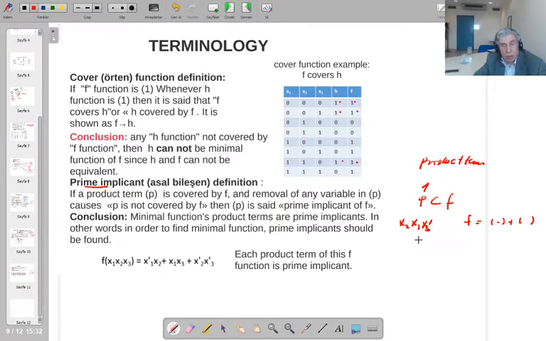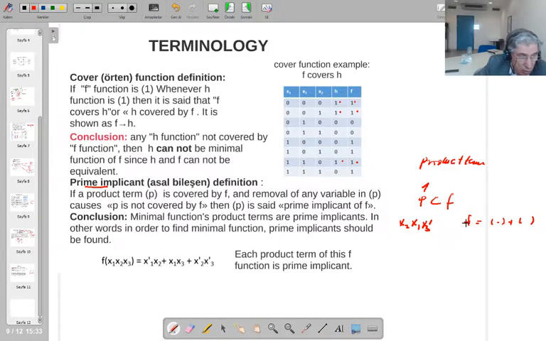The number of variables in this product term is minimal. You cannot remove any of the variables in here because it won't be covered by f. In order to find the minimal function, I've got to write the product terms which are covered by f.